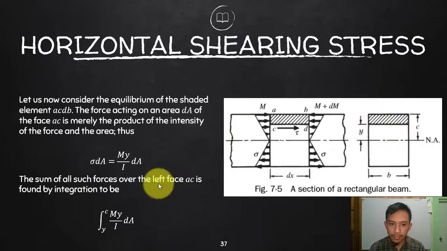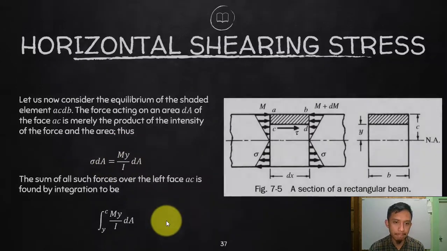Your variable here is y, so we will integrate from y equals y, that is itself here, to y equals c. That is how we summate to get the entire force acting on AC, since this is just your small force, the differential F.